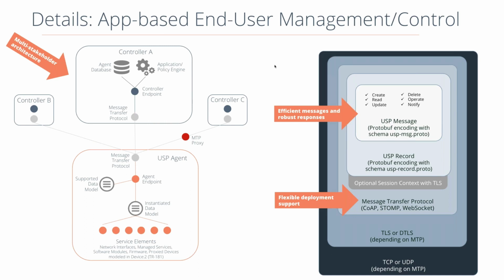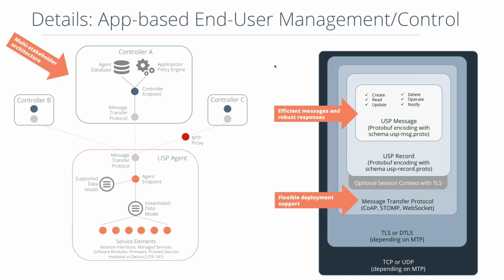Again, on the efficient messages and robust responses, that gets into our USP messaging box there on the right-hand side, where we have very forgiving messages that don't fail whenever one thing goes wrong. And then in the bottom right, we have flexible deployment support, which is really talking about how in USP there are multiple message transfer protocols that are available, and each one of them has their own special needs or special usage.